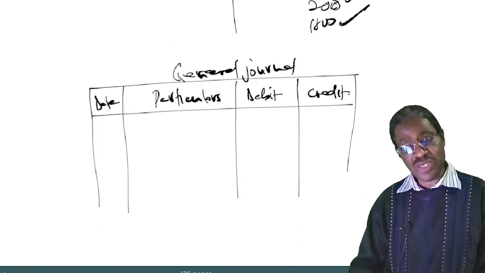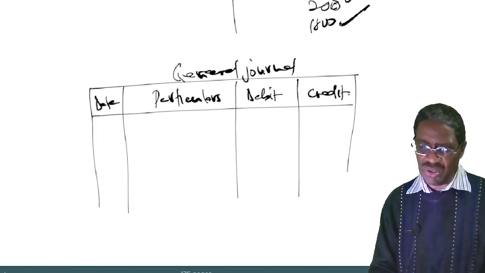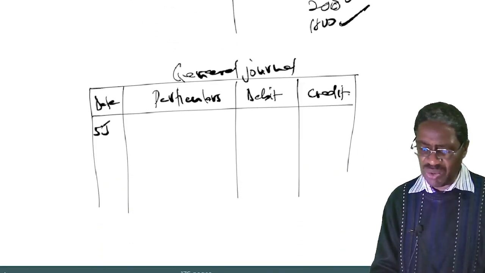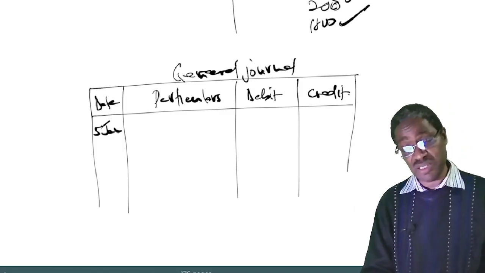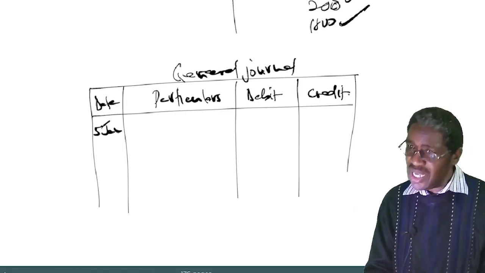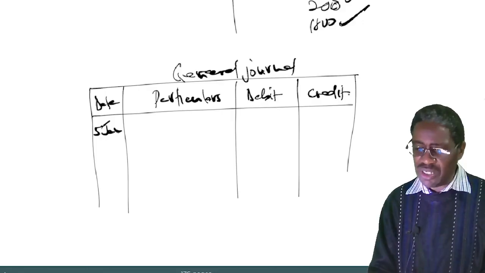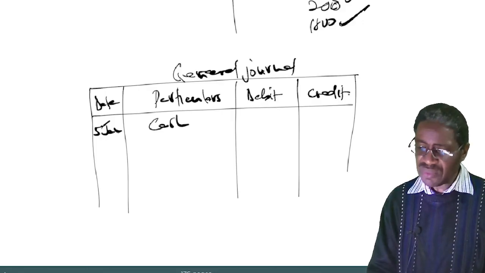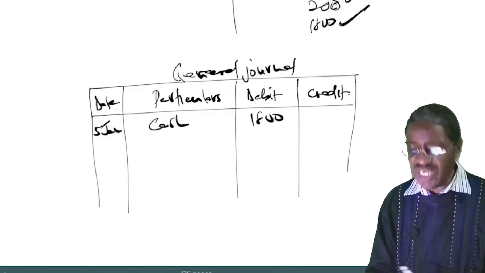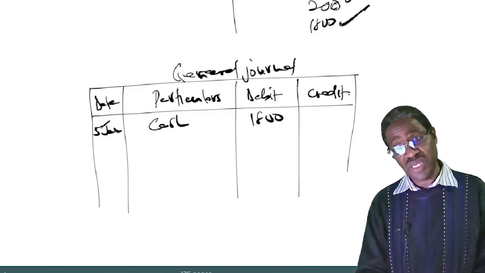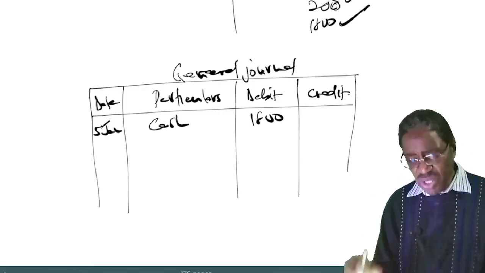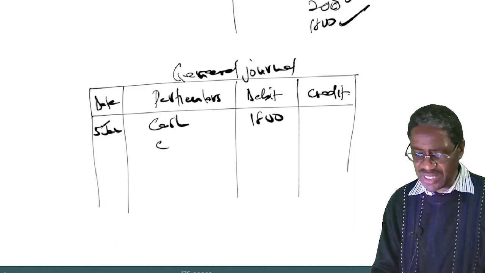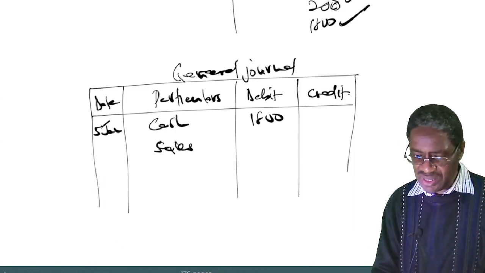Now listen. When you are doing this general journal, whatever the date, maybe it was 5th January that you discovered the error, you show it. Under the column of particulars, show the account to be debited, which is cash. Show the amount, 1,800. Then show the account to be credited on the next line, sales.